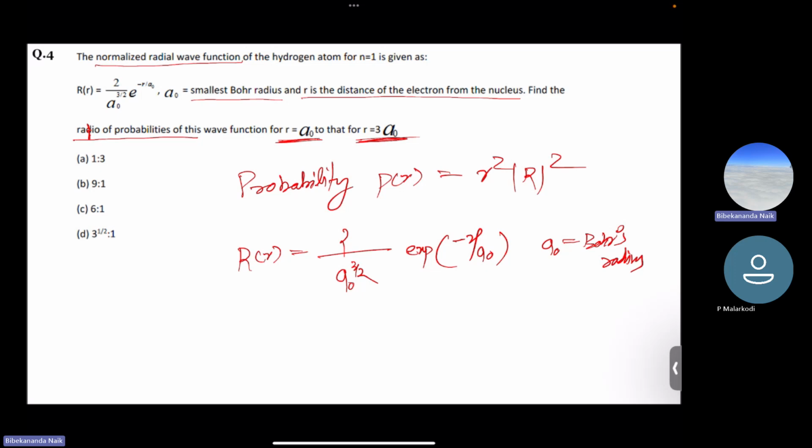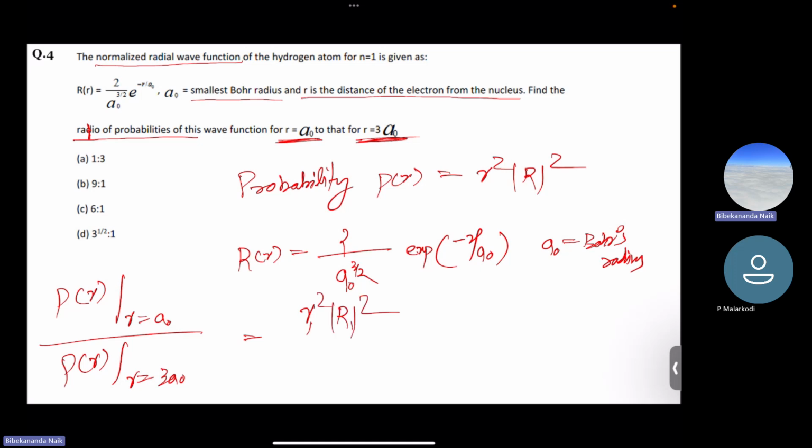Now, if we talk about the ratio when r equal to a0 and r equal to 3a0, then how will we calculate? So the probability at r equal to a0 and the probability at r equal to 3a0 will be r1 square times R1 mod square, and r2 square times R2 mod square.